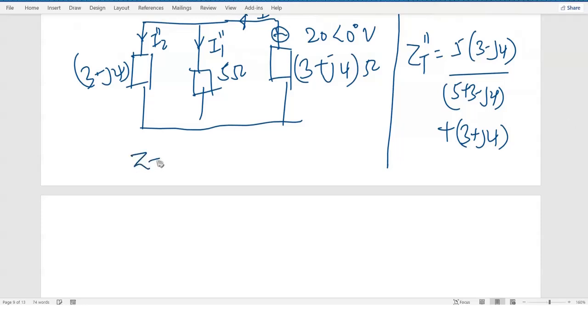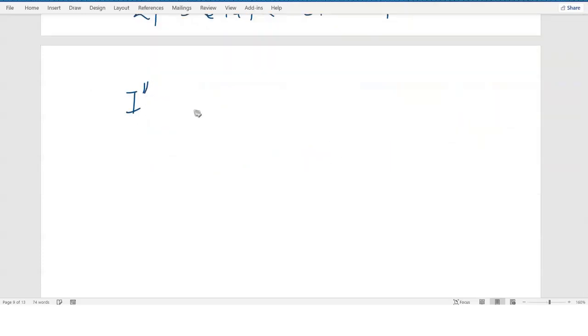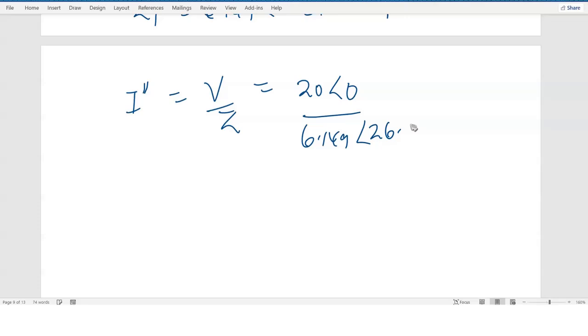So if I do that, I'm getting Z total is 6.149 at an angle of 26.57 degrees. So the total current will be voltage divided by impedance. So this is going to be the 20-volt source divided by 6.149 at an angle of 26.57.